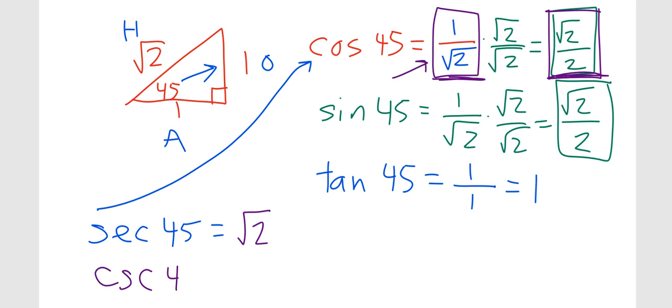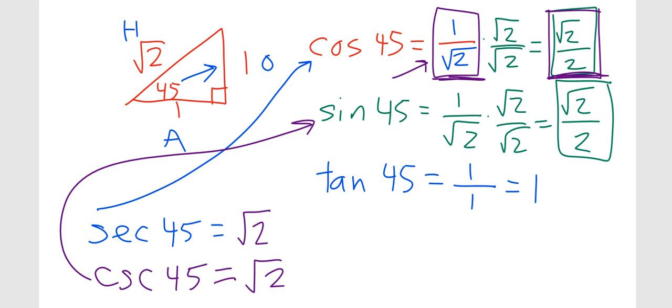How about cosecant 45? Which one does cosecant go with? Right, starts with the opposite letter, so it has to go with sine. What do you got for me there? Radical 2, thank you. And I'm going to close my eyes and see if you guys can come up with the next one. Maybe.